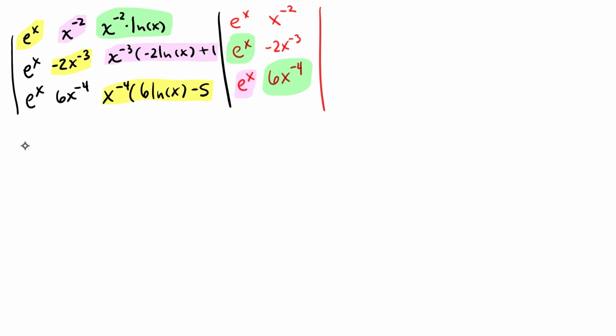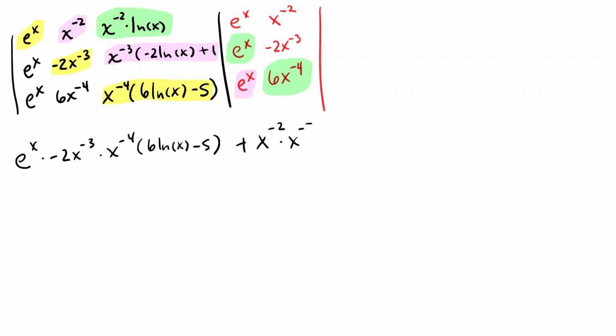So we have our first product, e to the x times negative 2x to the negative 3 times x to the negative 4, all times 6 ln of x minus 5. Plus, multiplying our next product, x to the negative 2 times x to the negative 3 times negative 2 ln of x, and that was plus 1.